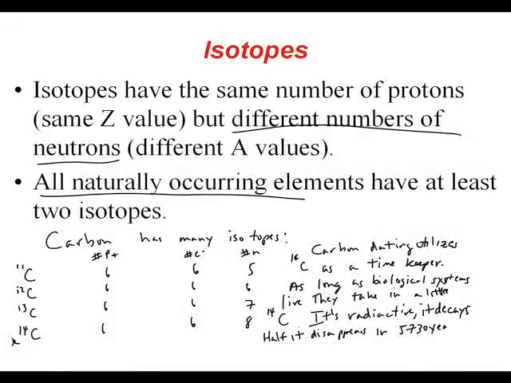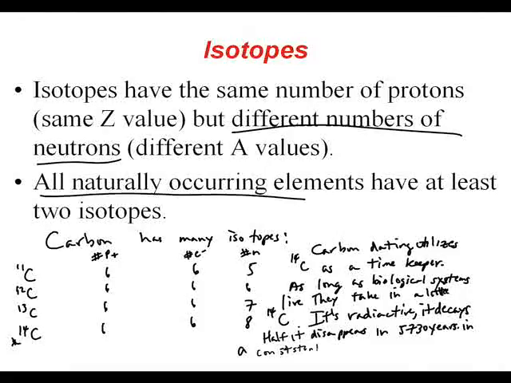In a consistent manner. So, this means that we can calculate how old a biological thing is, or how long it's been dead, by how much carbon-14 is left.